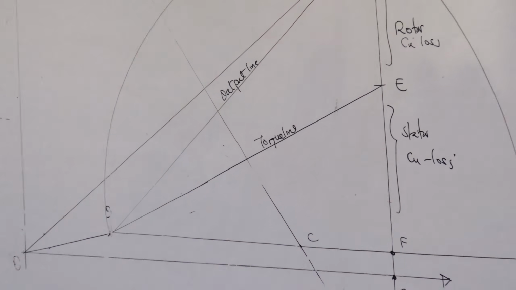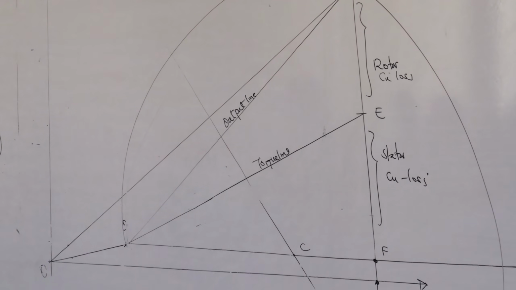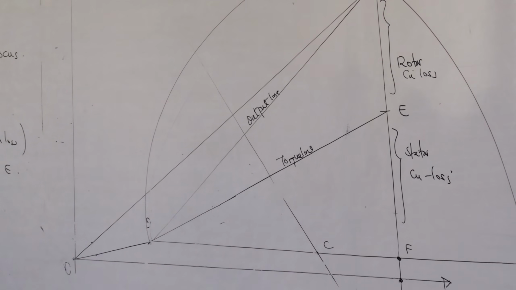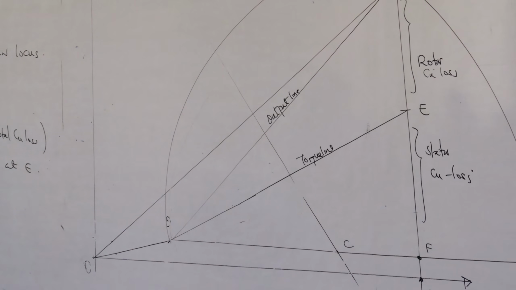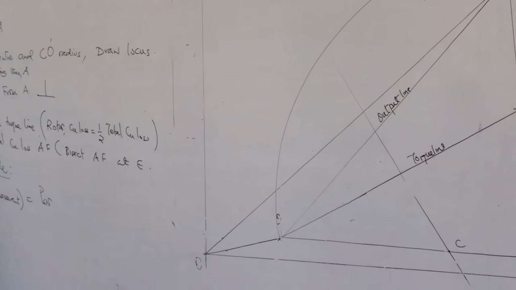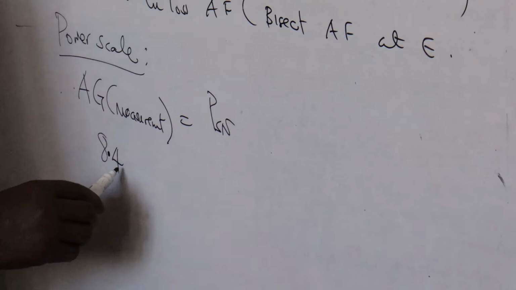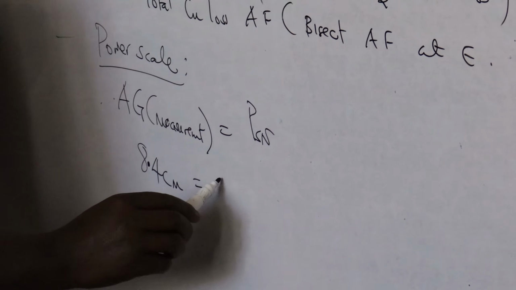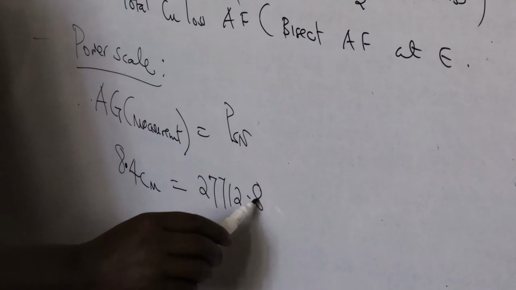So somebody should measure AG. 8.4 centimeters. Let me use 8.4 centimeters is equal to, what was the PSN in value? 712.8 watts.